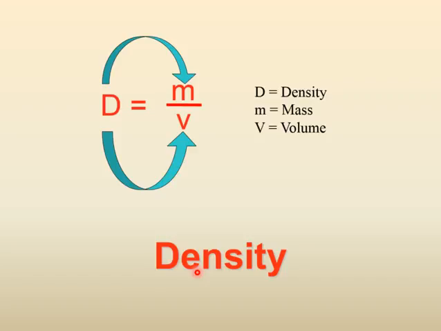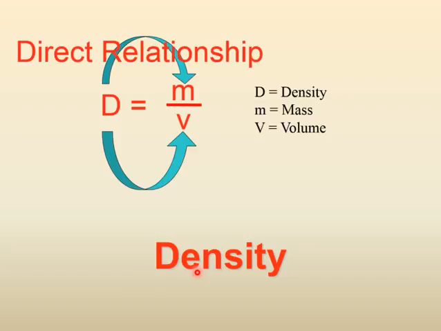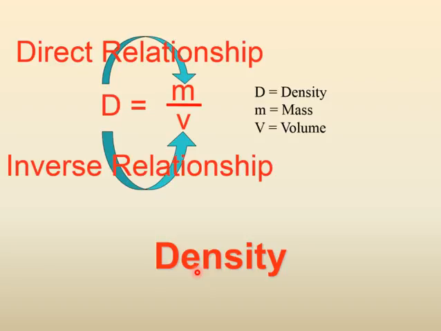That means as mass goes up, density will also go up. But conversely, as volume goes up, density will go down. So that means an inverse relationship.